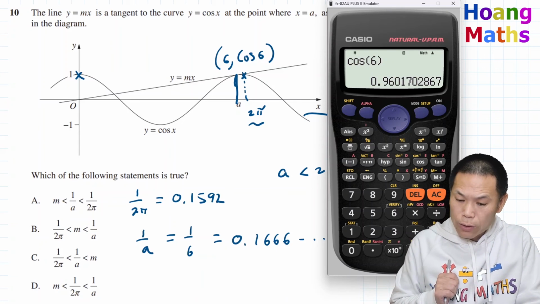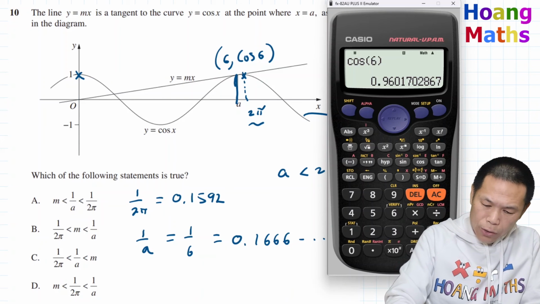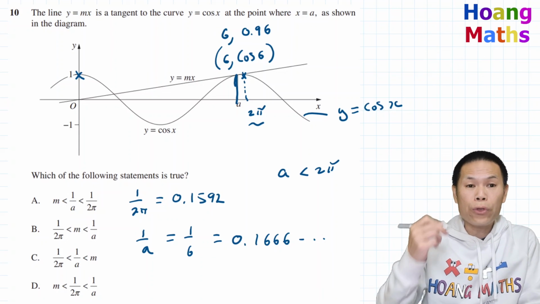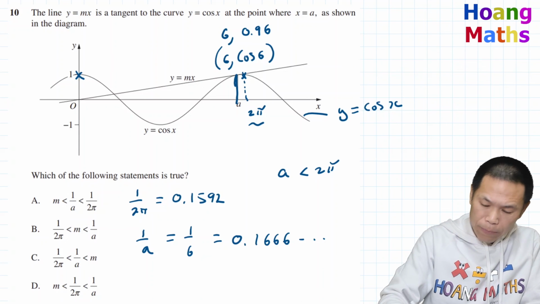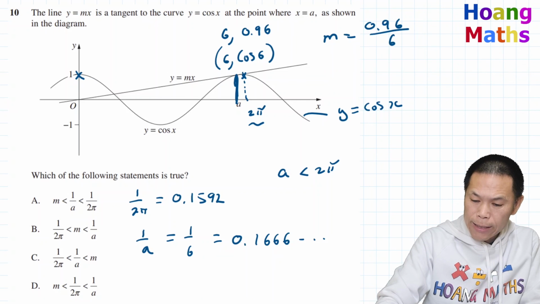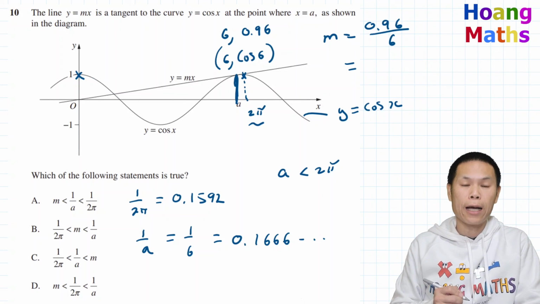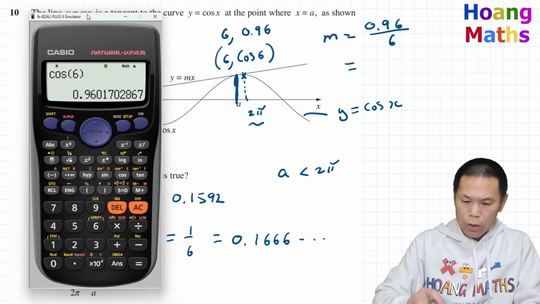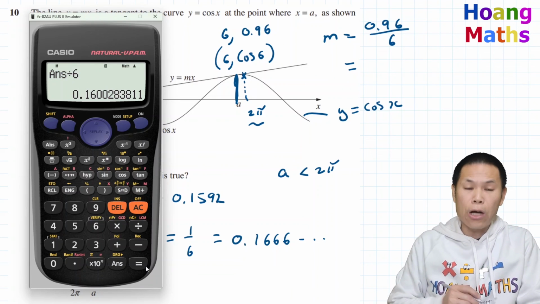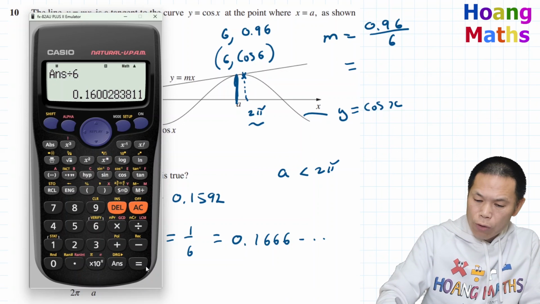So there you go, 0.96. So I write here 6, 0.96. So therefore, the gradient m is rise over run. The rise, the vertical line here, is 0.96 over the run, which is 6. So let me put it in a calculator: answer divided by 6. So there you go, 0.160.